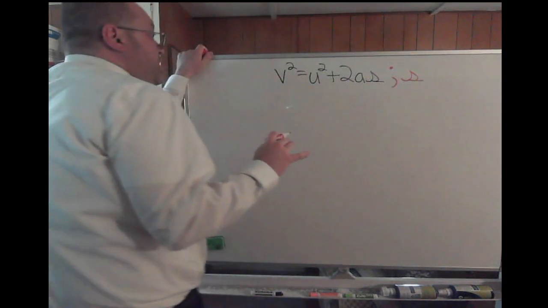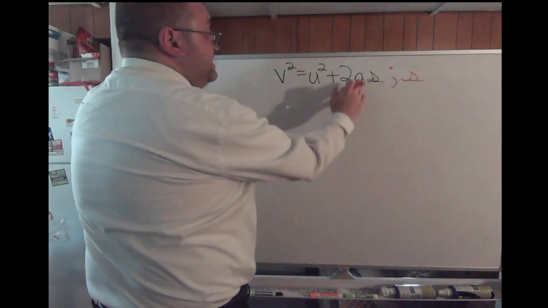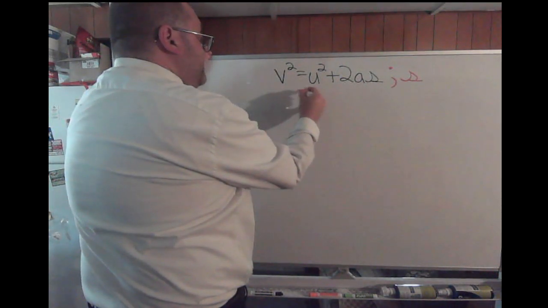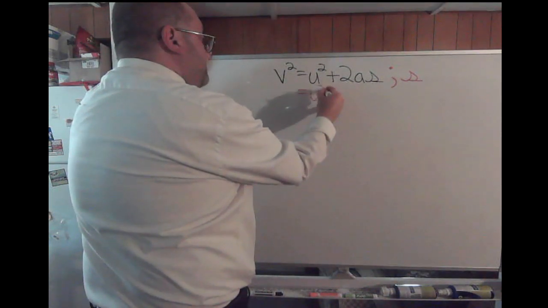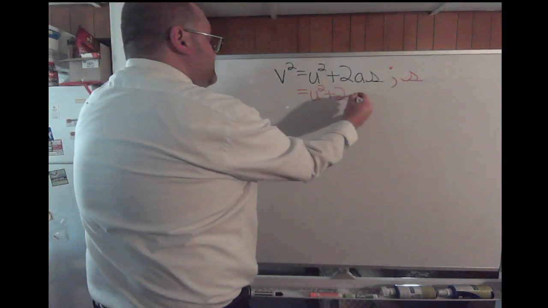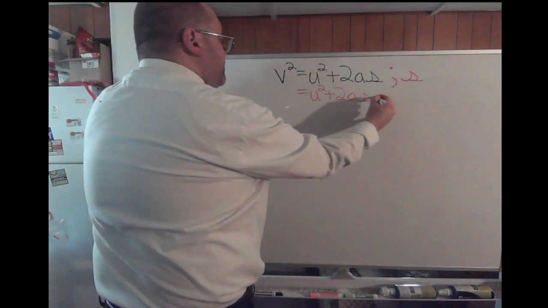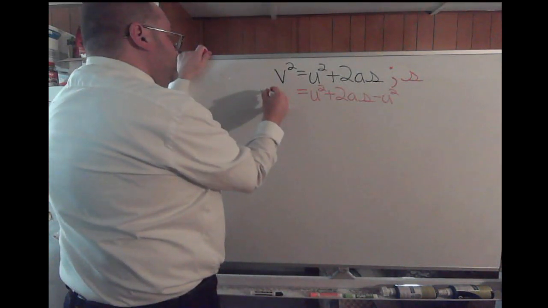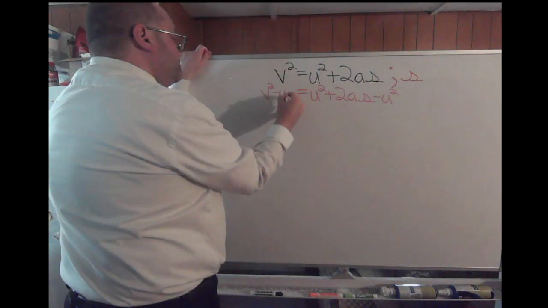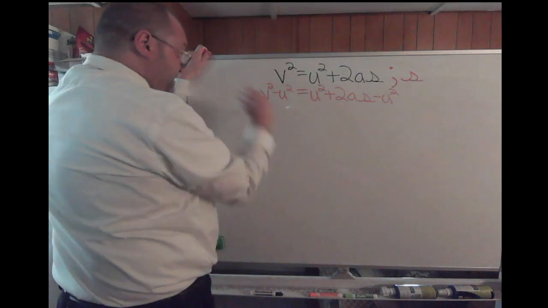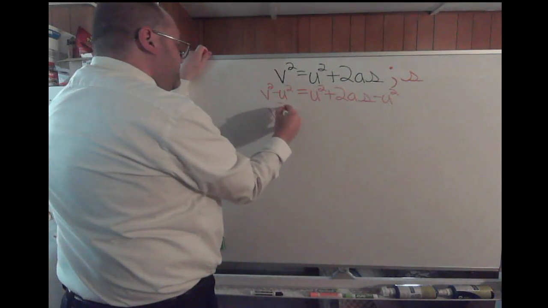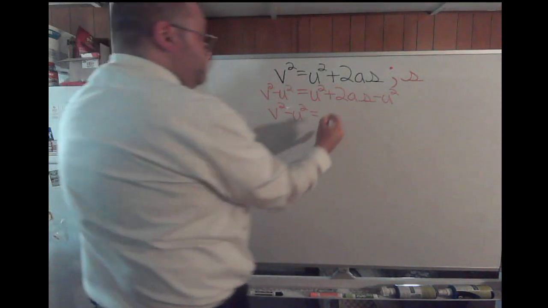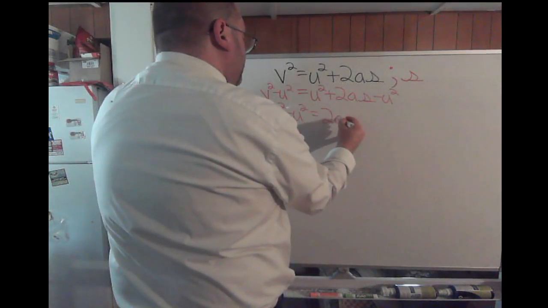So you want to get that 2as term by itself first, which means you'll subtract u squared, but what you do to one side, you've got to do to the other. The left side you'll have v squared minus u squared. That'll be equal to just the 2as once you simplify it.